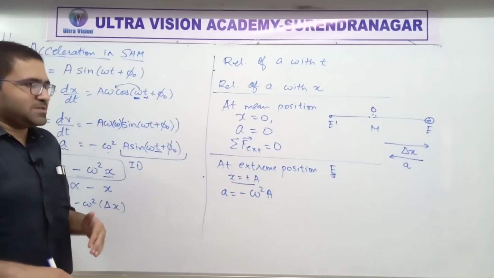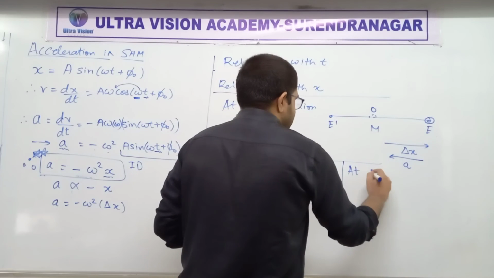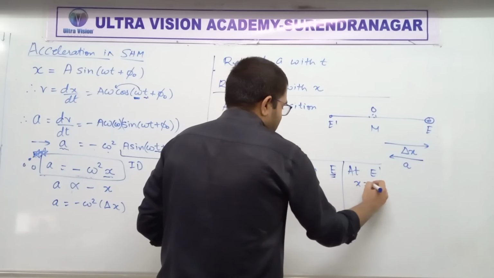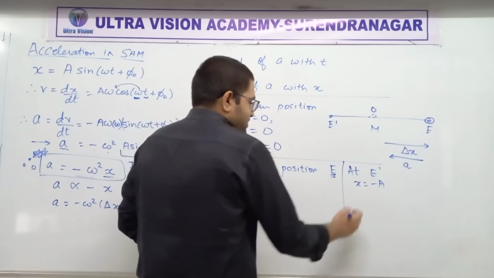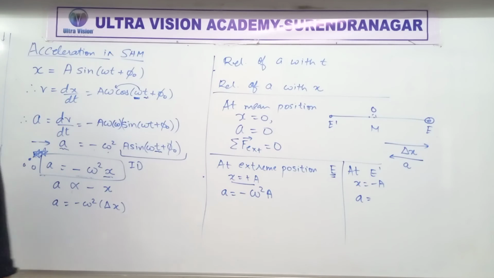Now just like this, if it were at E dash, okay, wait quickly, x equal to minus a. Isn't it? So a is equal to, what do you think? If x is equal to minus a, what is a equal to? Yes, omega square a, very good.